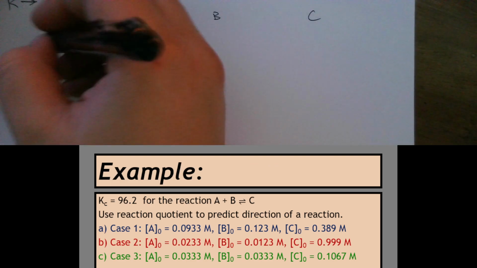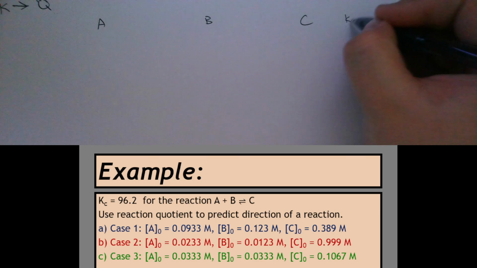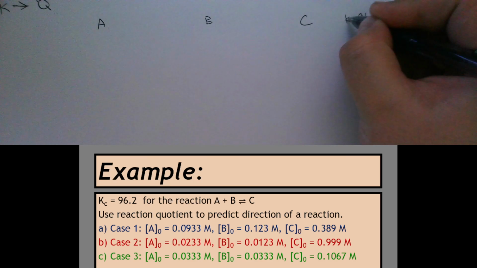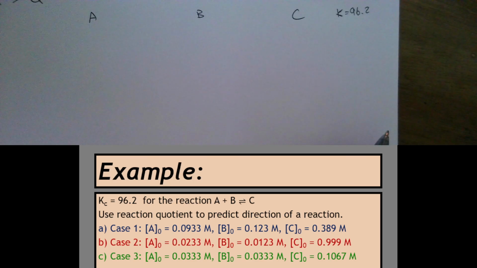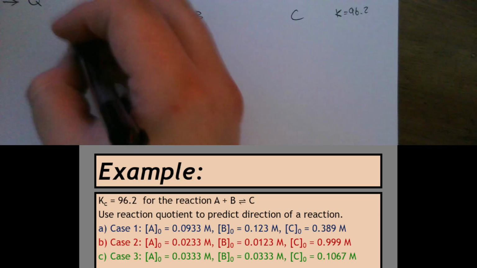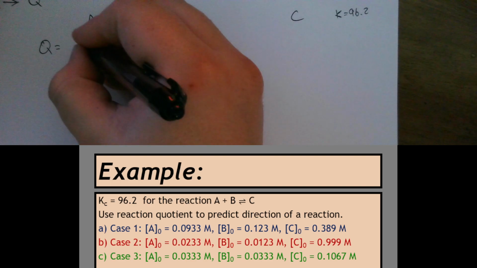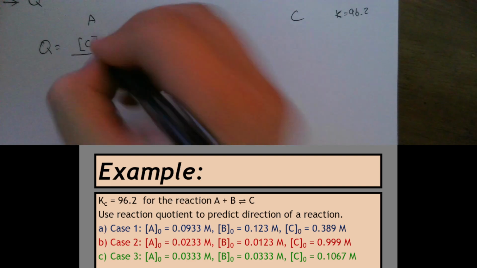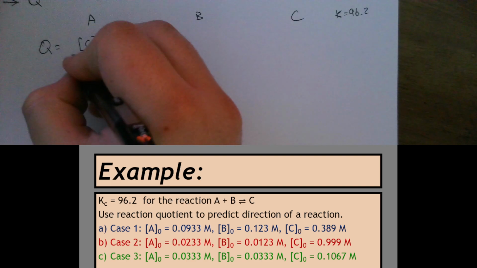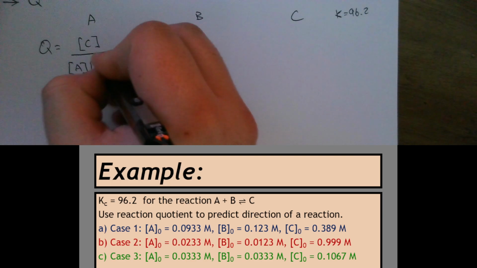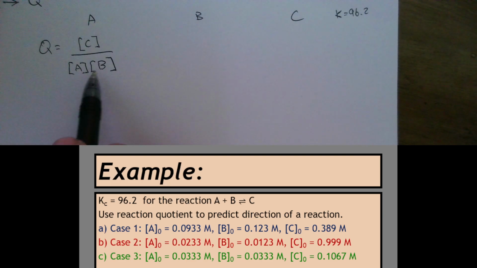Okay, I already know what K is. It told me K is 96.2, so I'll just keep that in mind. For part A, Q equals products over reactants. So my product is C, I have A, I have B. For part A, I'm just going to plug in the numbers it gives me.